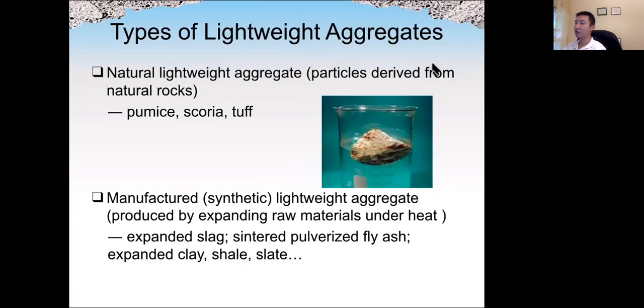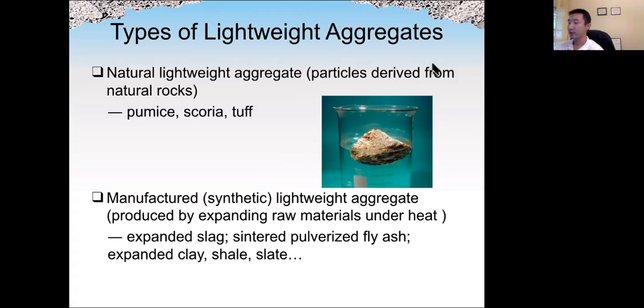Depending on the source, we have natural lightweight aggregate, which is aggregate from natural rocks such as pumice, scoria, and tuff. Ancient Roman engineers used pumice to make lightweight pozzolanic materials.